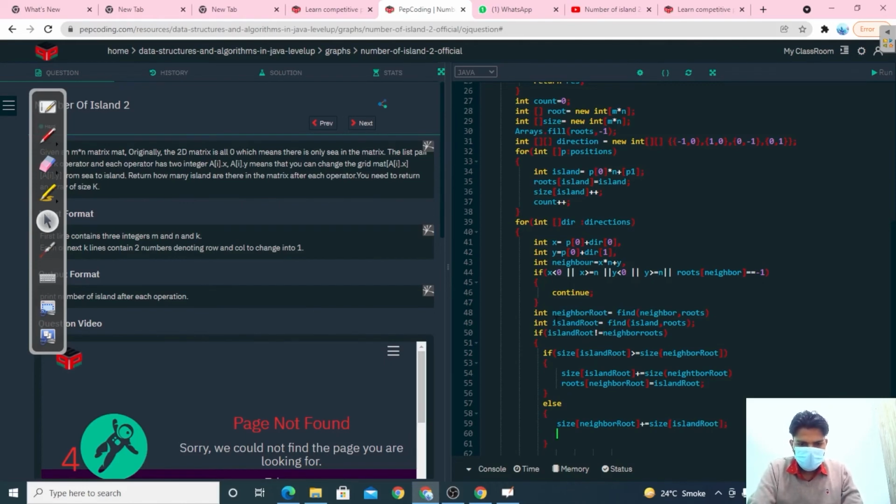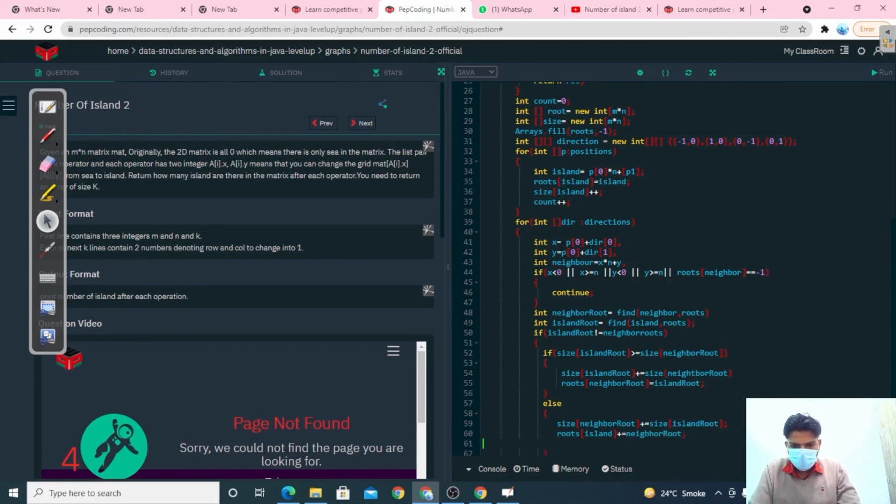Okay, so in this else condition we have to just add the size rank. Then we have to put size of island plus equal to neighbor root. Okay.